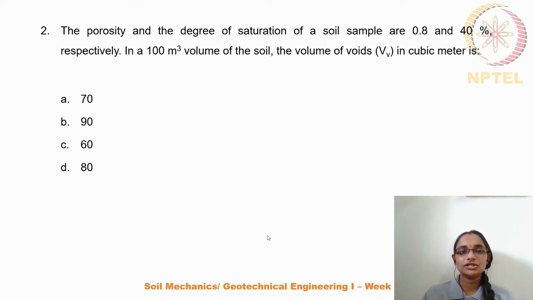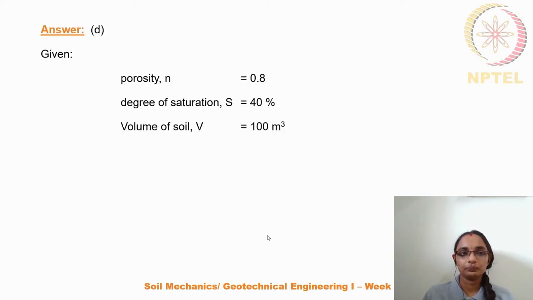Can anyone tell me which relation, which equation we should use here? Yes, porosity is defined as the ratio of volume of voids to the total volume of the soil sample. So, here porosity is known, total volume is known, we can determine volume of voids. Let's see how.